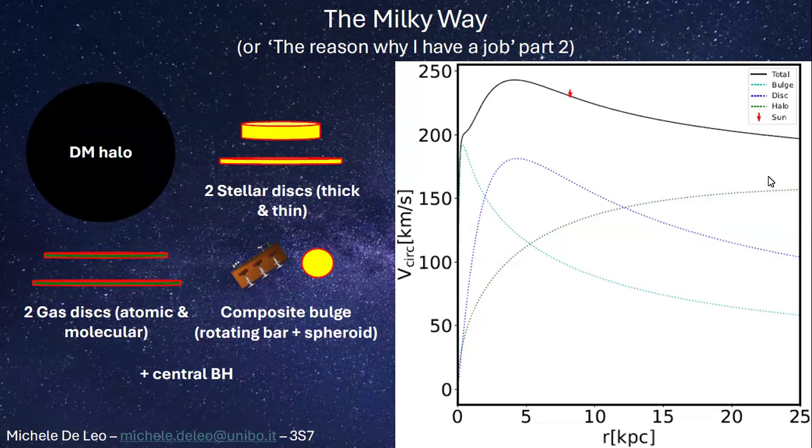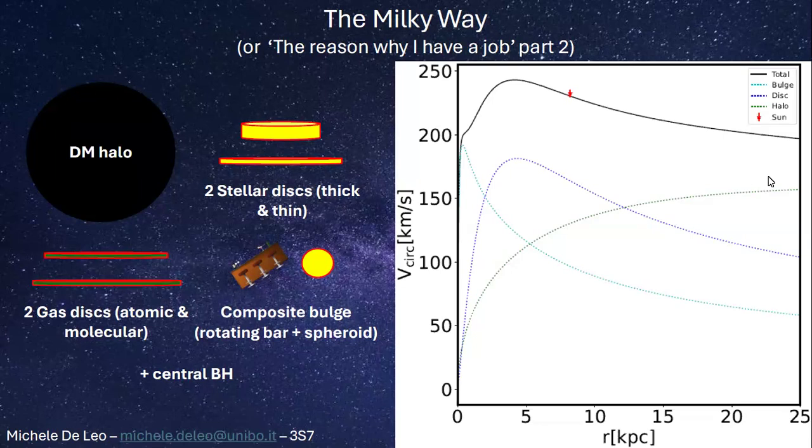And this model has the dark matter halo, a Navarro-Frenk-White dark matter halo, and then several Miyamoto-Nagai disks, two that represent the stellar components, two that represent the gas components, and then a composite bar that's made by a rotating long Murai bar and a spheroid. And also I have the central black hole, but for most purposes, the central black hole doesn't do much. It just, when stars get really close to it, it does something, but most of the time it doesn't do anything.